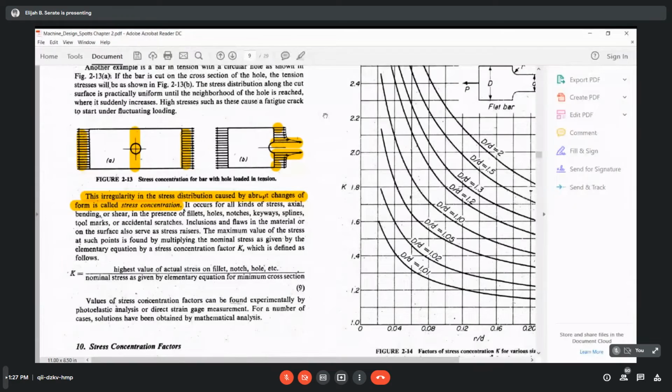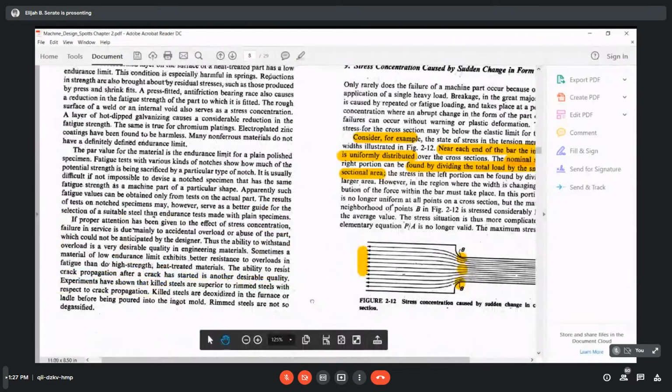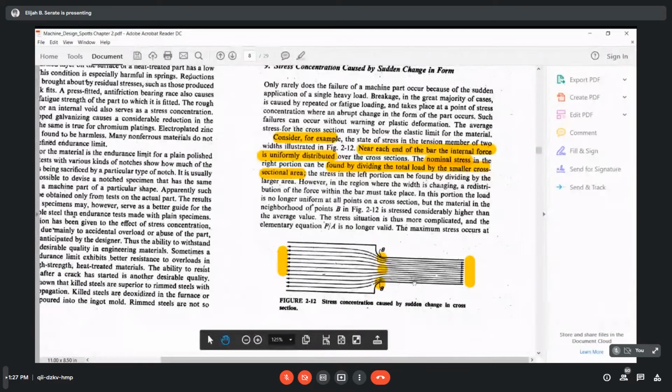In the figure, our nominal stress is of course the internal force divided by this area. We do not consider the big area. The smaller area, that is for figure 2-12. So the nominal stress is the internal force divided by the smaller area.